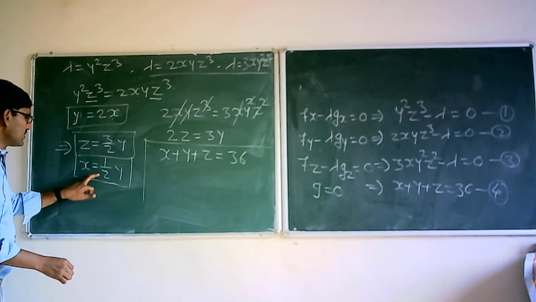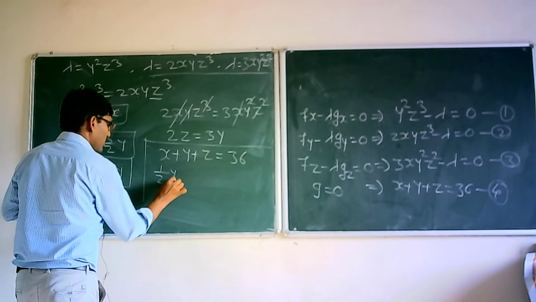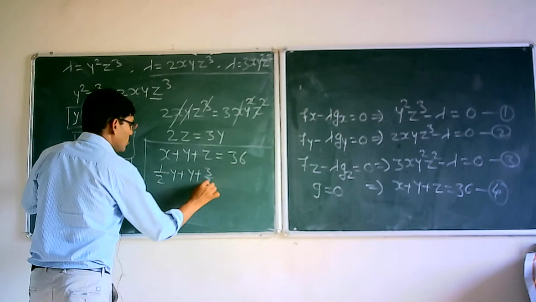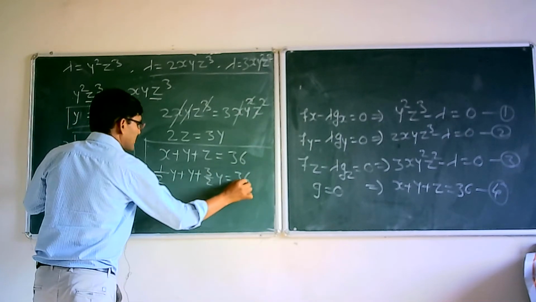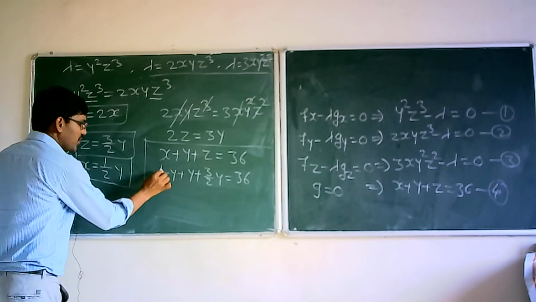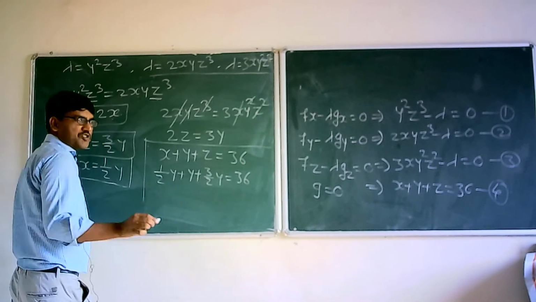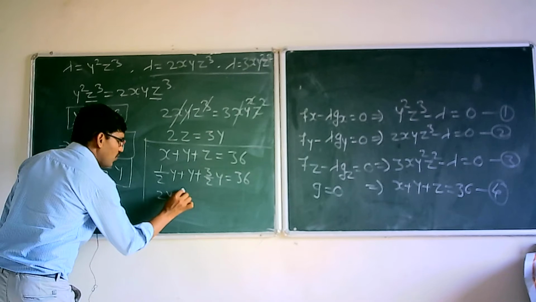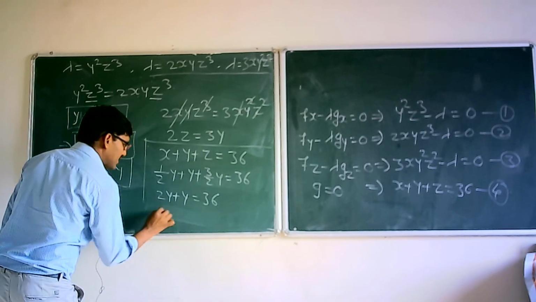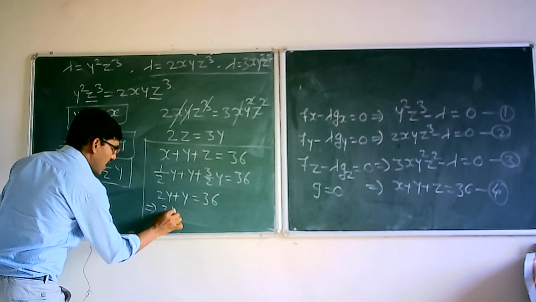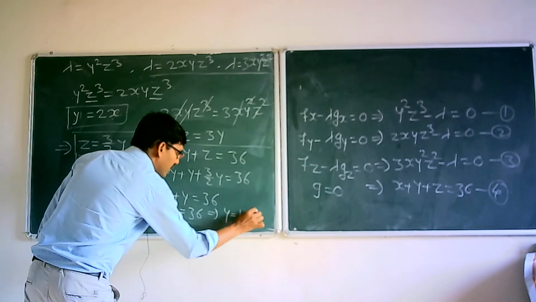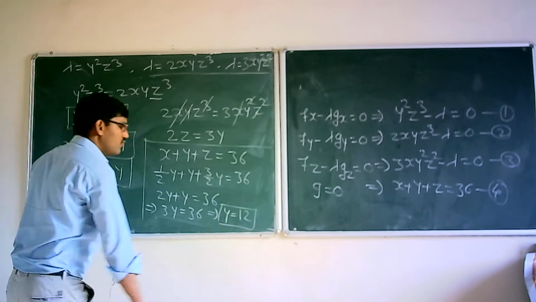But what is x? It is 1 by 2 y, plus y, plus z which is 3 by 2 y, equal to 36. So 1 by 2 plus 3 by 2 is 4 by 2, which is 2y, plus y is equal to 36, implies 3y equal to 36, and this implies y is equal to 12.